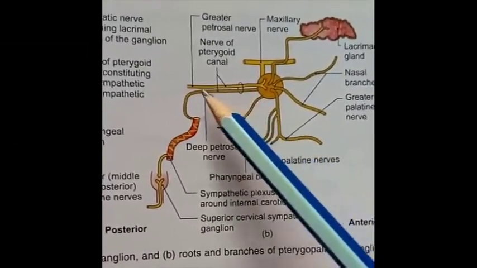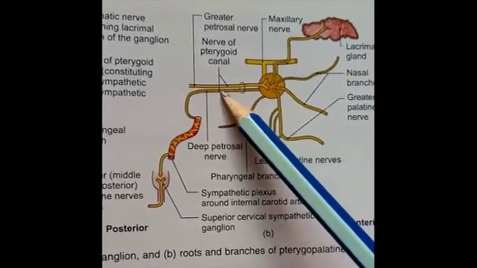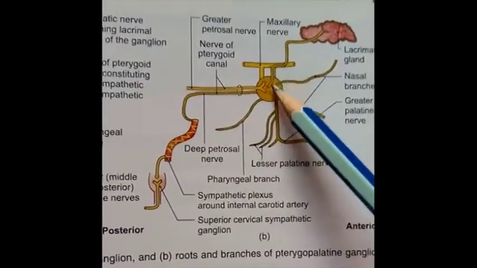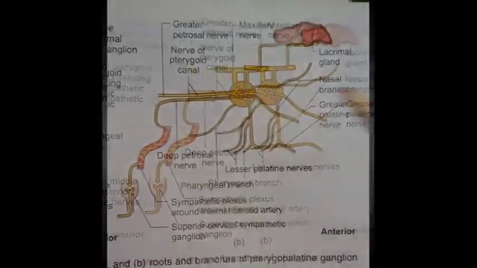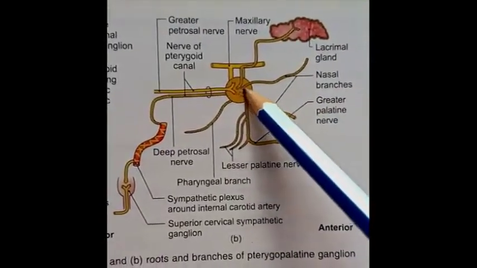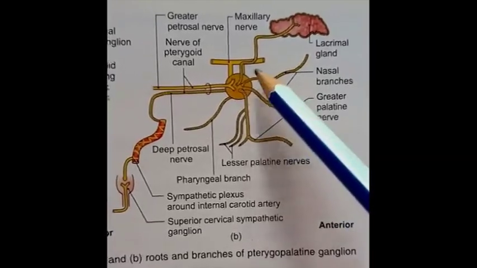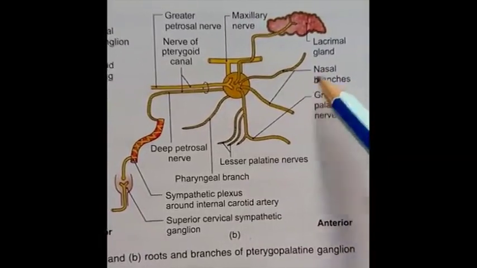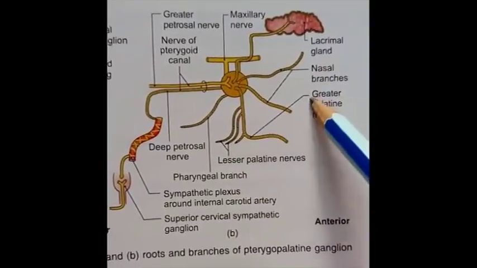When this deep petrosal nerve enters the pterygoid canal, it becomes the nerve of pterygoid canal and reaches the pterygopalatine ganglion. Here the fibers pass through the ganglion without any relay and supply vasomotor nerves to the mucous membrane of the nose, paranasal air sinuses, palate and nasopharynx.